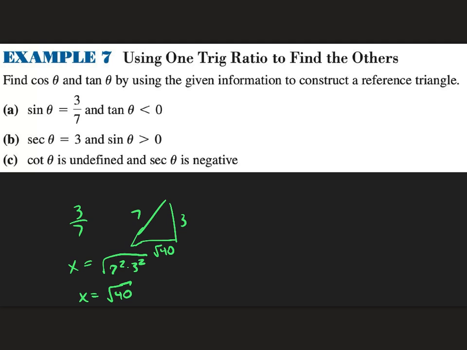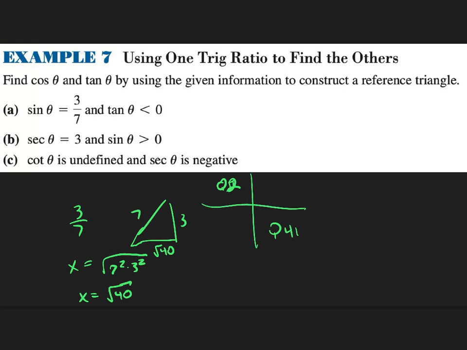The tangent of this angle is less than 0. So that's what's throwing me off, people. All right, we know that they want the tangent to be negative. Where's the tangent negative? The tangent is negative in quadrants 2 and 4.